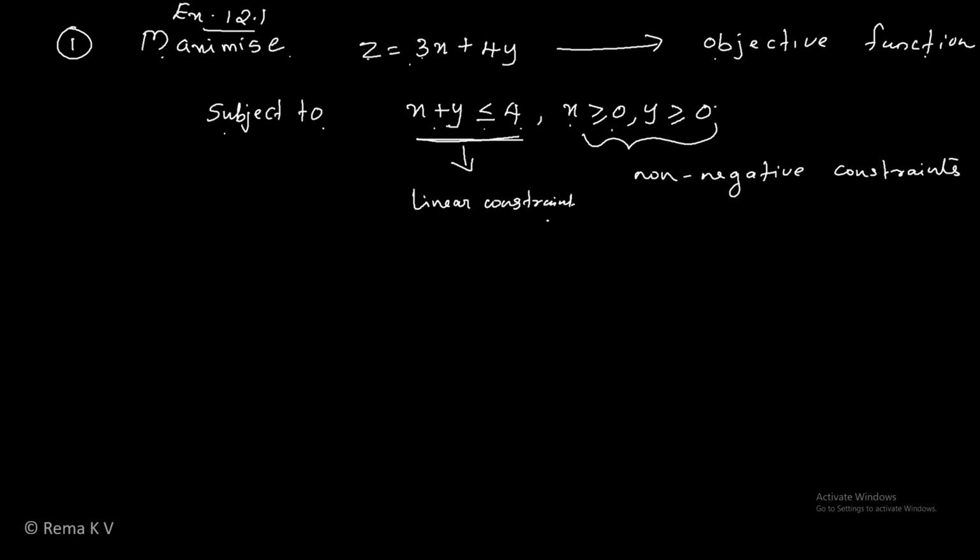Okay, so now we have to draw the graph of this linear constraint. Only one condition is given to us. First we have to consider this as an equation to draw the graph: x plus y is equal to 4. You had learnt this in your 11th standard, how to draw the graph of a linear inequality. First we consider the equation corresponding to it and find the table of values. When x is equal to 0, y is equal to 4.